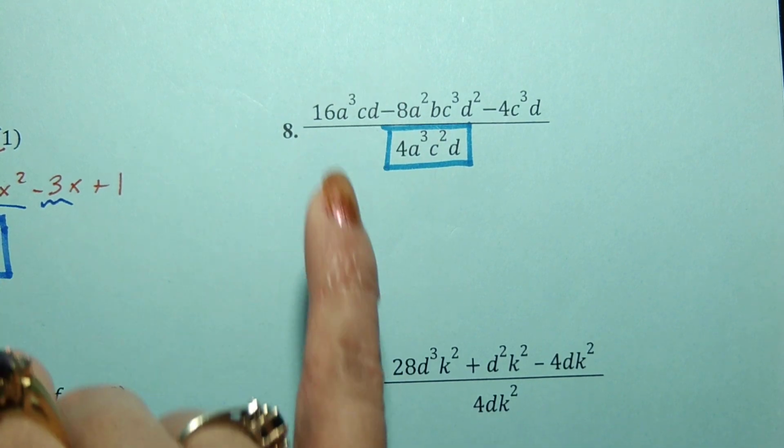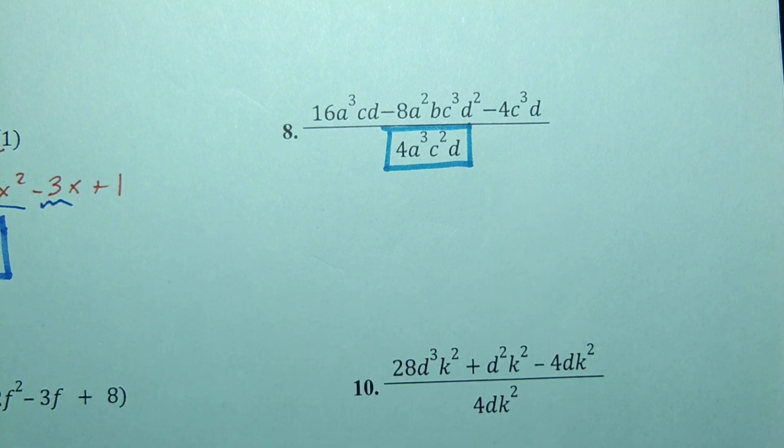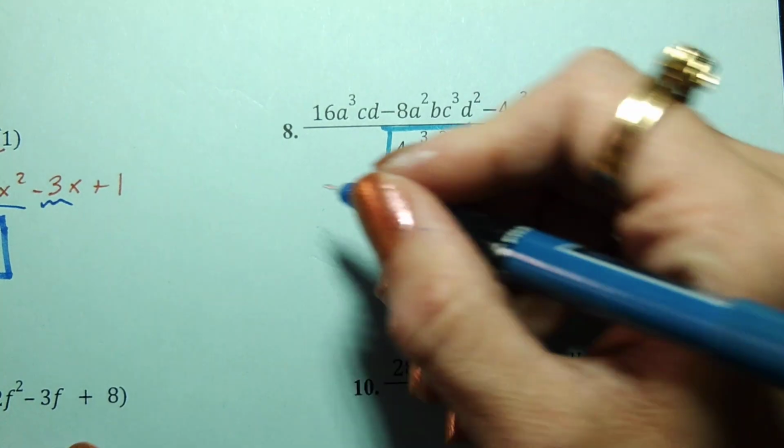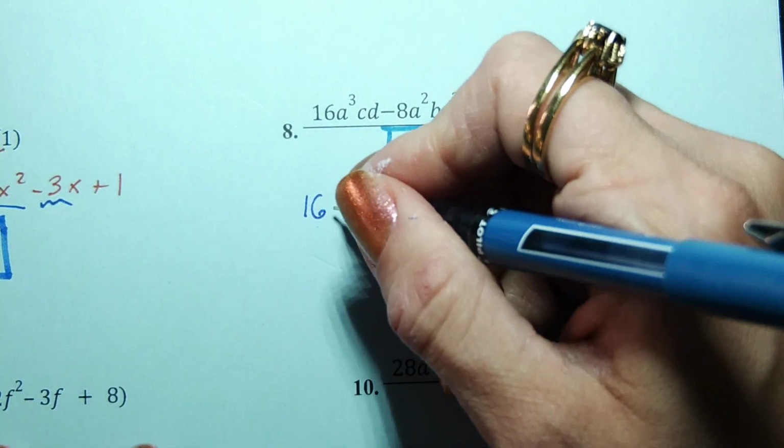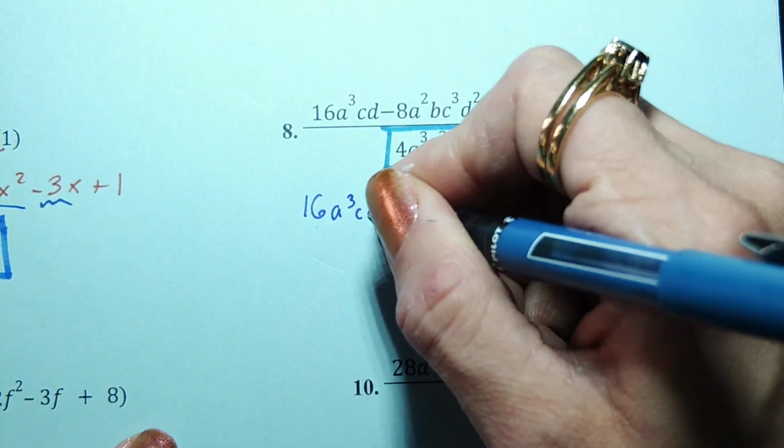Sometimes when students are copying down the work, they'll miss a power or miss a variable. Sometimes when you're doing it all in your head, you'll miss something. So it's up to you on whichever gamble you want to take as far as what you might miss. So I'm going to go ahead and show it the long way. And while I am writing the work down, see how far you can get on this problem.